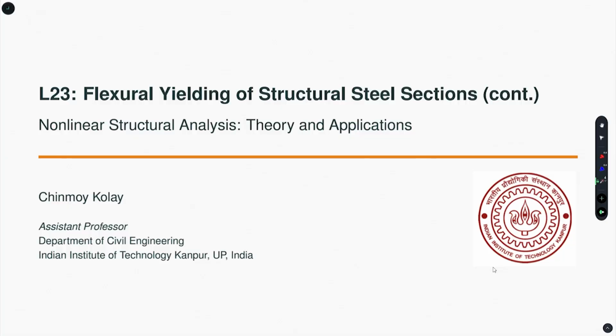So, let us recall what we have done in the previous lecture. We started reviewing the concept of pure bending for an Euler-Bernoulli beam, subjected to pure bending. That was linear elastic, and then we stated that if we continue loading a specimen, eventually a plastic hinge will form.